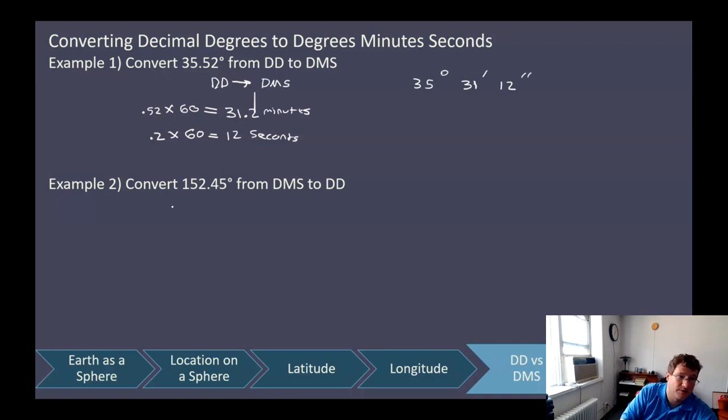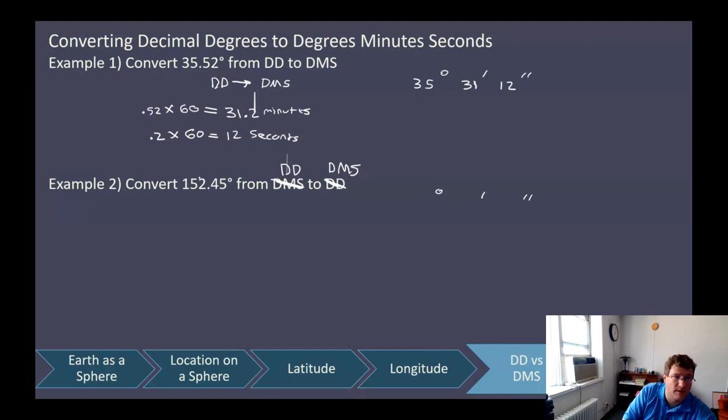Let's go ahead and look at another example to try to make things a little more clear. So we have 152.45 degrees, and again, we're going from decimal degrees to degrees, minutes, seconds. So again, we know we're going to end up with a number of degrees, a number of minutes, and a number of seconds, and we know that we're starting with 152.